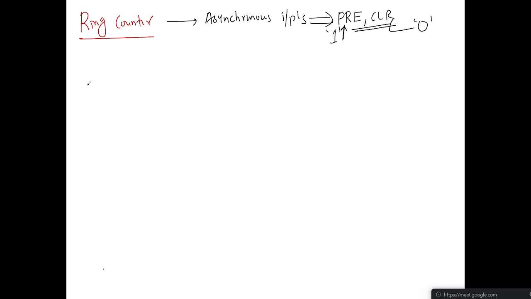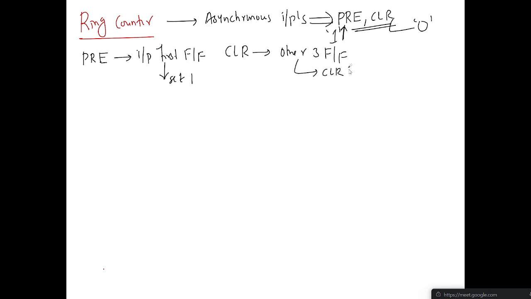So in the ring counter, this preset is applied to the first flip flop, and this clear is given to the other three flip flops. So the first flip flop is always set to one, and the remaining three flip flops are cleared to zero.